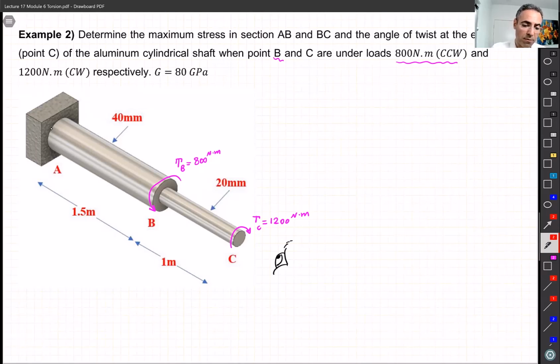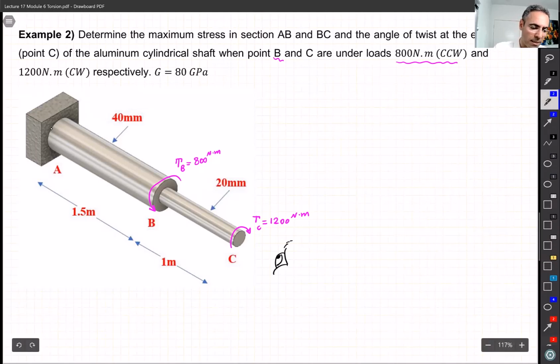Because we are in statics and everything has to be in equilibrium, we can guess, let me draw it bigger, that this TA, which is a reaction, has to cancel these two. It has to be 400 Newton meters, and the direction, we can guess it has to be clockwise.